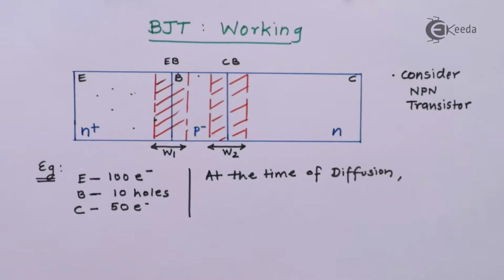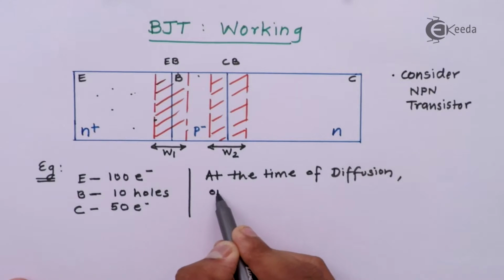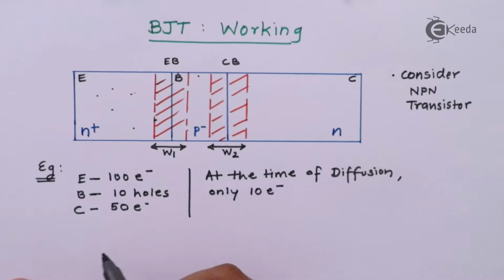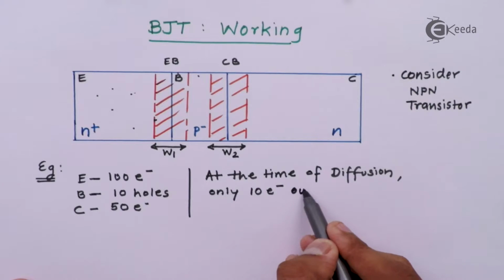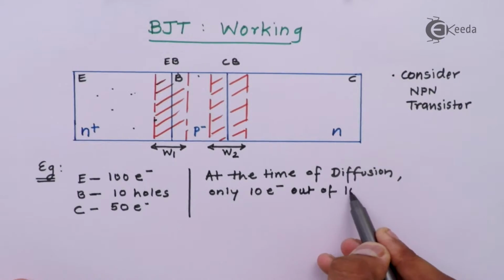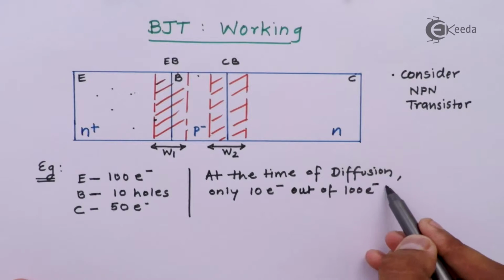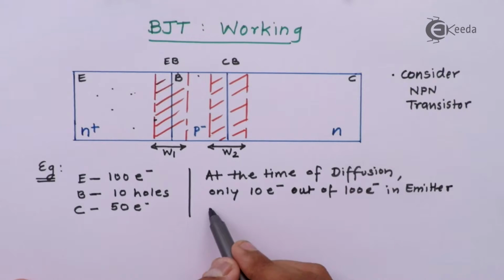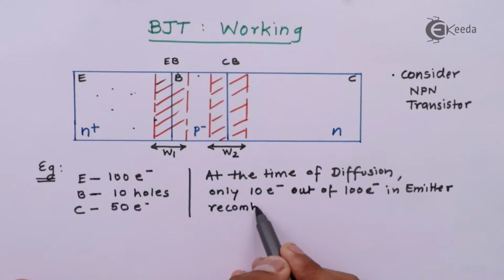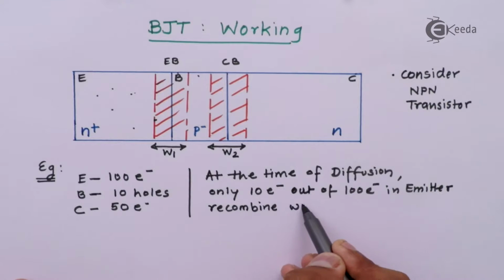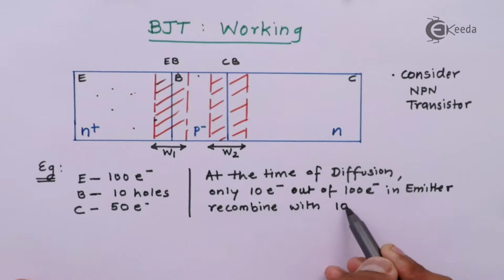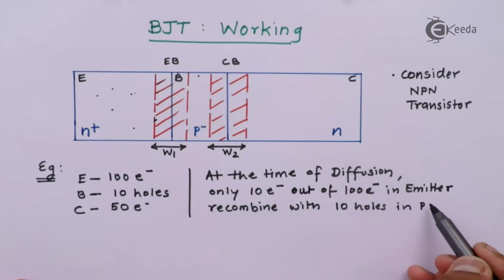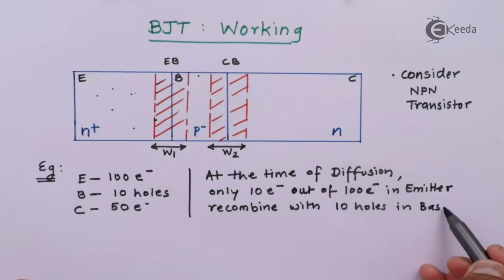At the time of diffusion, only 10 electrons out of the 100 electrons in the emitter recombine with the 10 holes in the base region.